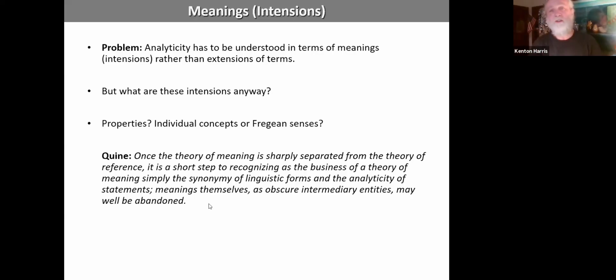So what Quine is suggesting is that the very notion of meanings or intentions, which are somehow in our head or separated from or different than linguistic practice, he says, let's do away with that. We don't need to do that. We can talk about a linguistic quality, which is synonymy, and that has to do with terms being synonymous with one another.